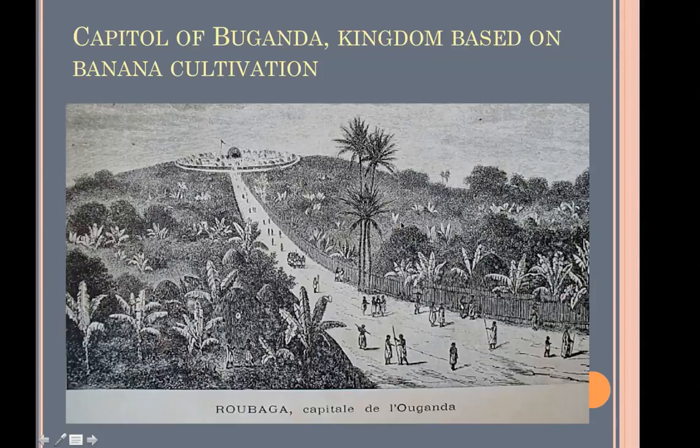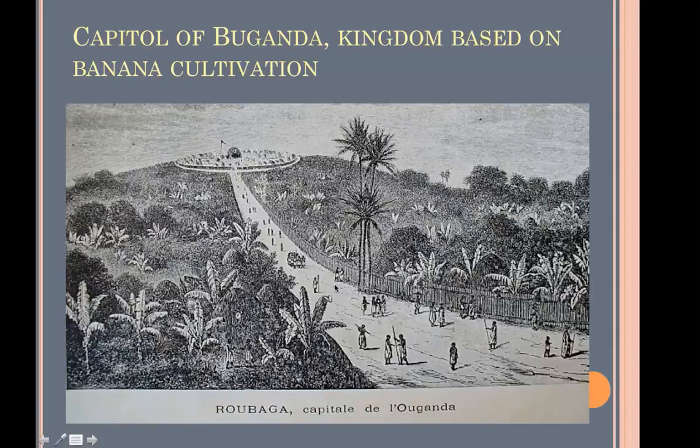But the cultivation of bananas meant that the Great Lakes kingdoms in East Africa were able to grow tremendously in population. It meant that land became an incredibly high-value, difficult-to-acquire commodity, and so the political elites who controlled land gained more and more and more power.